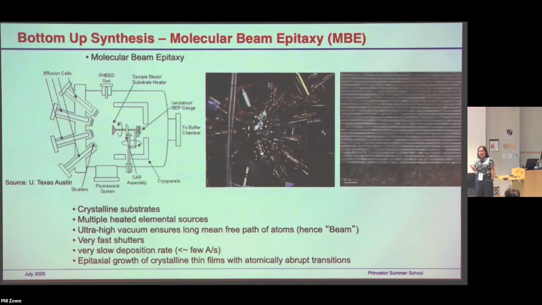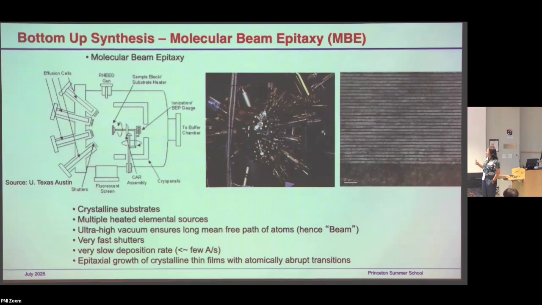The downside of bottom-up synthesis is that a lot of the films are polycrystalline. It's difficult to control. It's very difficult to get a whole single crystal over an entire 8-inch wafer, or even over a 2-inch wafer.